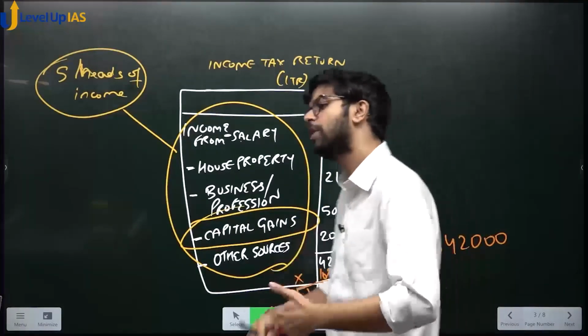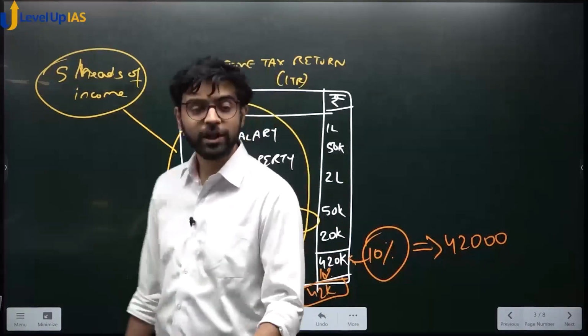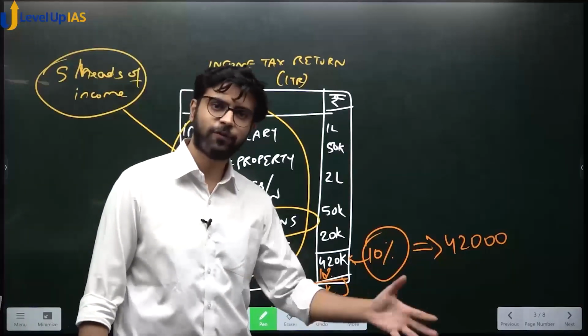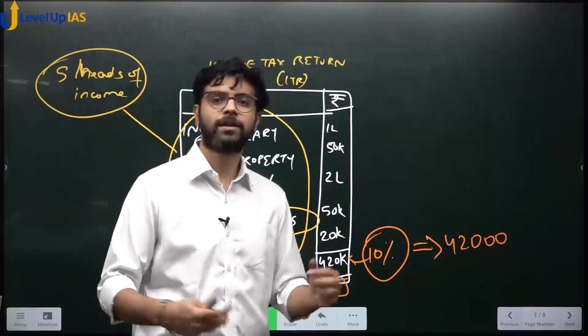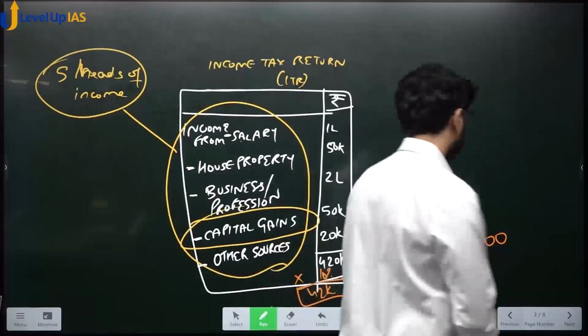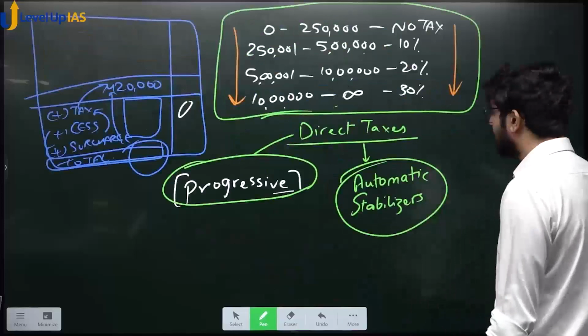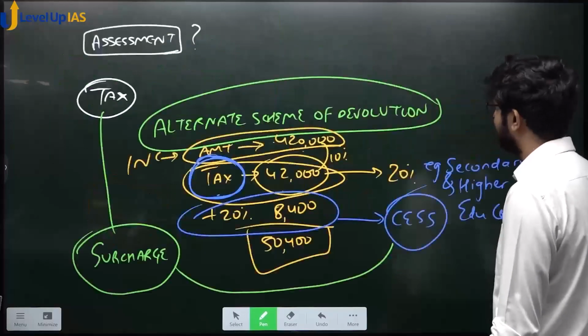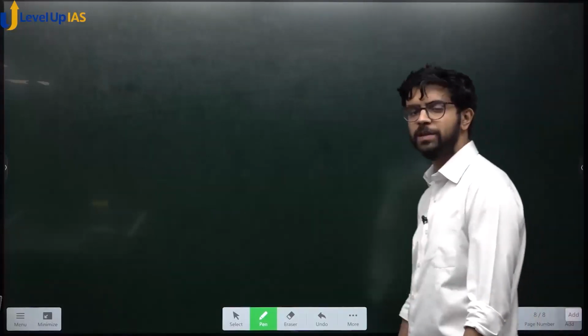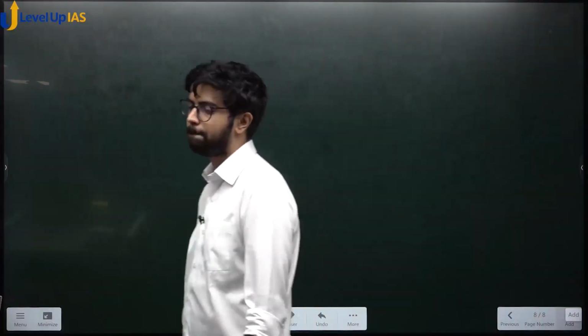The process of calculating income tax is different for each of these. Partnership firm होता है, 4-5 people come together, they make a partnership firm. उनका taxation is different. ठीक है? We are doing income tax. We have just started with income tax. ठीक है? I hope this is clear.